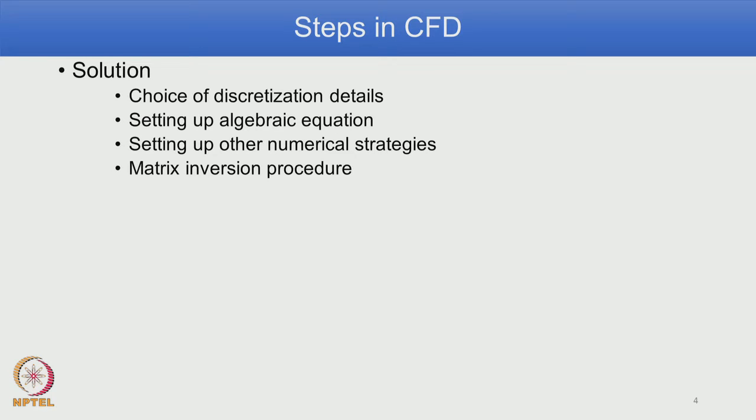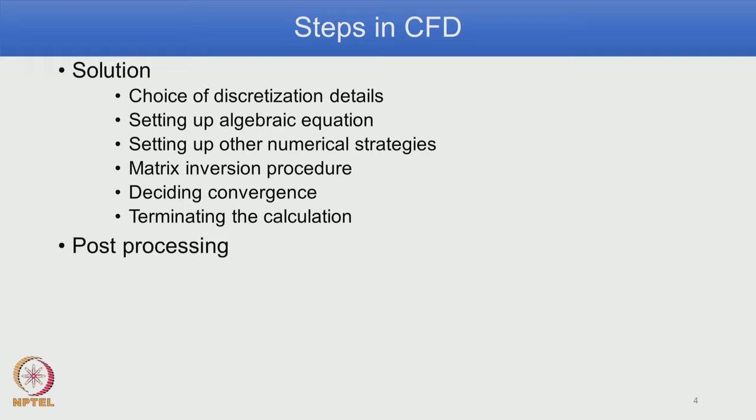There are again different ways of doing matrix inversion. Then as the solution progresses, where to stop, how to decide the solution has reached the desired condition that we are looking for, that is deciding convergence, and so deciding on terminating the simulation.